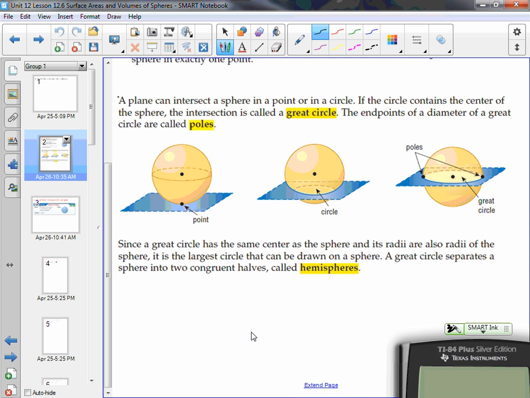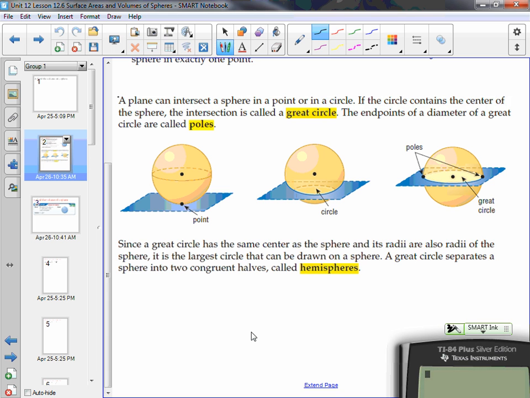Like the equator is a great circle, and the lines of longitude that go all the way around are great circles. The endpoints of a diameter of a great circle are called poles. North Pole, South Pole. The endpoints of the diameter going through the center of the Earth would be the North Pole and South Pole.